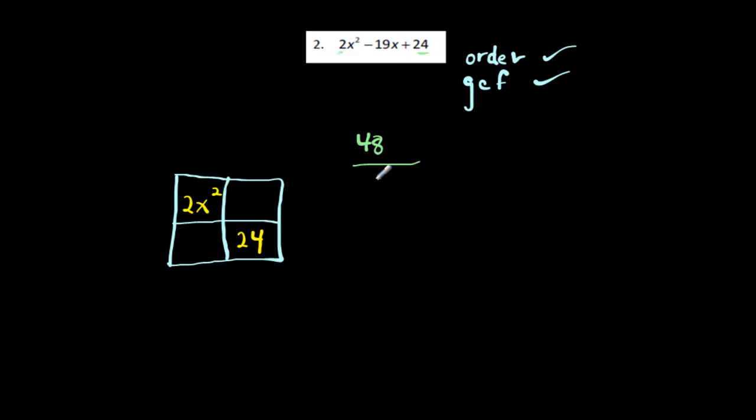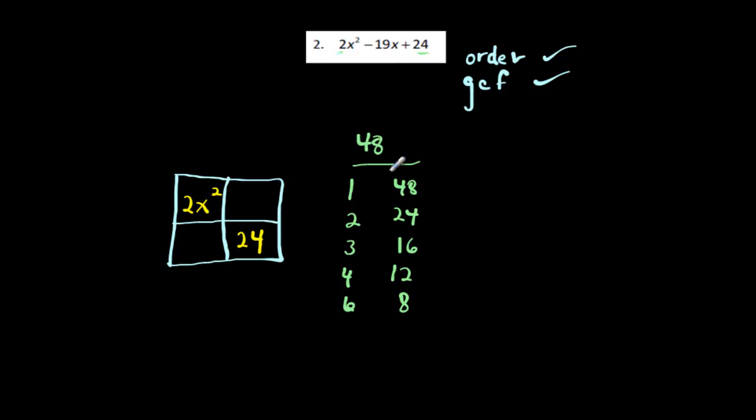So now we're going to list all of the possible combinations for 48. So we have 1 and 48, 2 and 24, 3 and 16, 4 and 12, and 6 and 8.